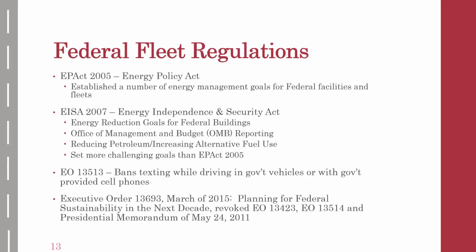It incorporated some language about OMB reporting, Office of Management and Budget reporting, and actually reducing petroleum consumption and increasing alternative fuel use. So the CAFE standards were increased through that piece of legislation, so they were trying to reduce petroleum consumption.